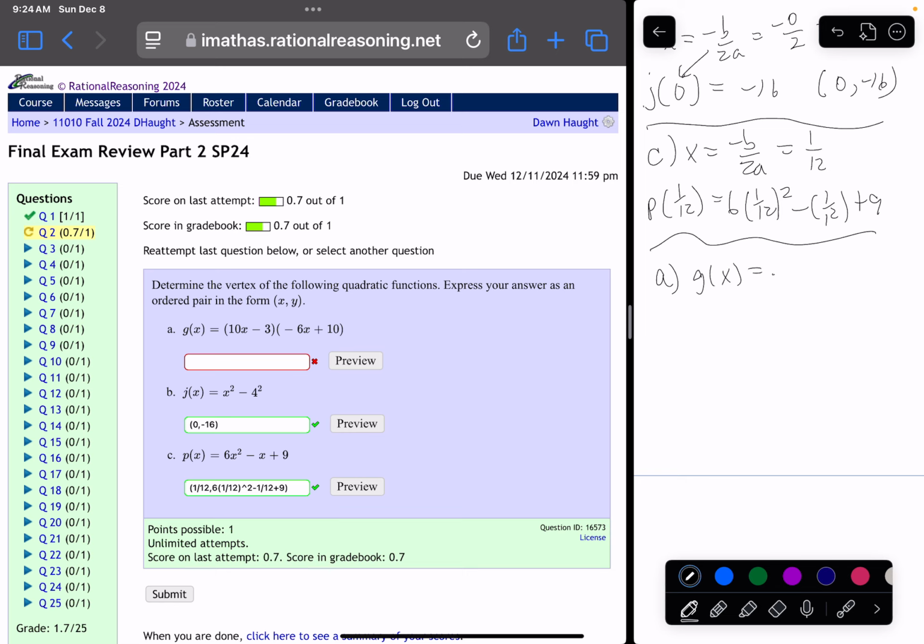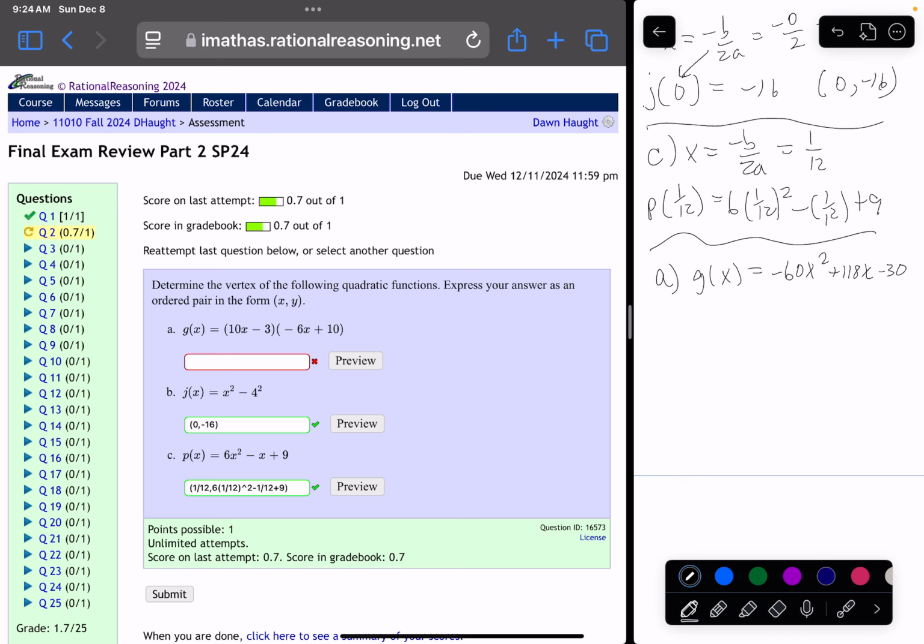So I'm going to get negative 60x squared, 100x plus 18x, or 118x. You can do this in 2 steps, but I'm doing it in one to save space and time. And then that's negative 30. So that's your standard form. Now we do exactly what we would do for B and C: negative b over 2a, plug it in, there you go.